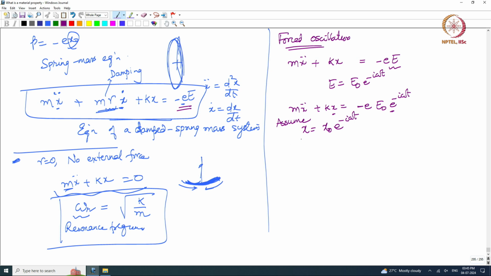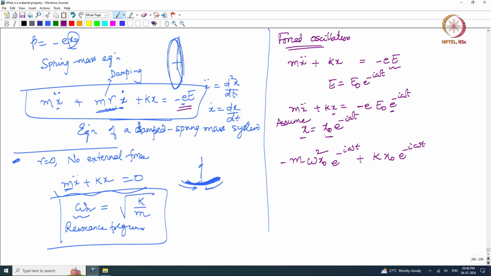So, I am going to assume a solution where x equal to x naught e power minus i omega t, and so m x double dot will have an m omega square. I times I will come out, minus i times minus i, so that is a minus m omega square e power minus i omega t, plus k x, where x is just x naught, sorry, there is an x naught also here, right, k x naught e power minus i omega t.